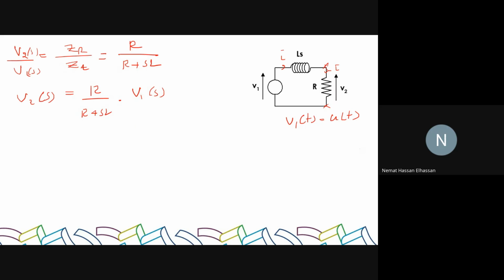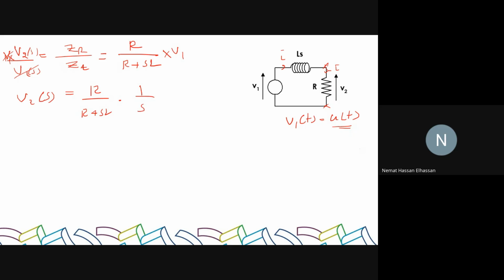We multiplied by V1 here. These cancel each other out, and that's what we have. And if V1 of t is u of t, that means V1 of S is equal to what? 1 over S. Okay? So this is very similar to what we did previously. Just want to show you 1 over S, right?